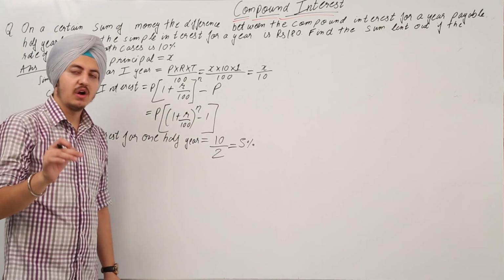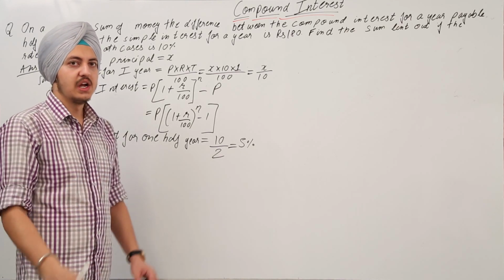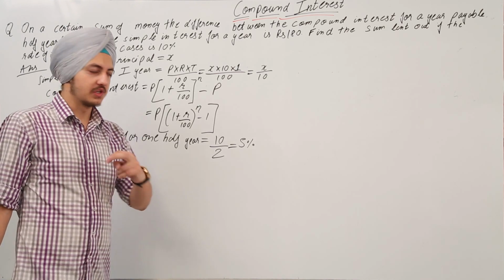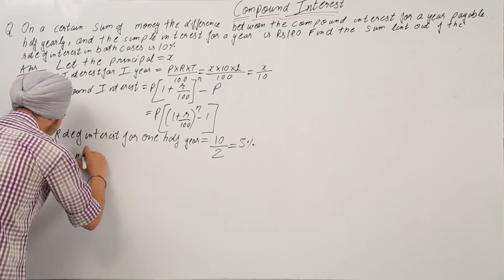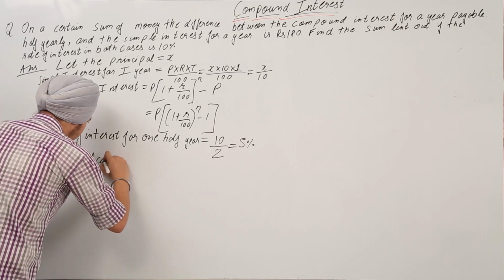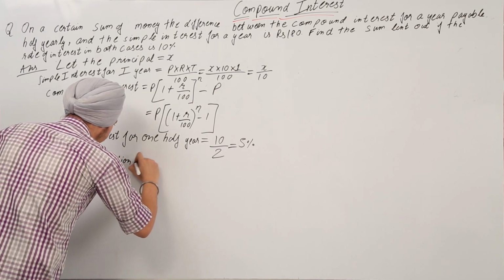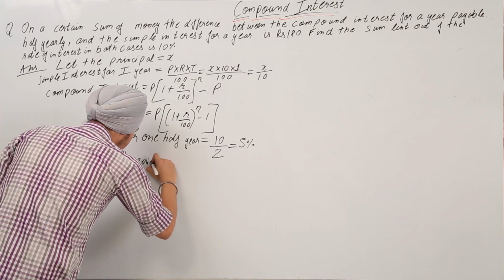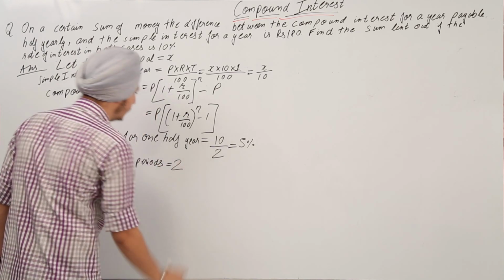So if the rate of interest for 1/2 year is 5%, what is n? N is the number of conversion periods. We have total time equal to 1 year, and 1 year has 2 conversion periods. So n is equal to the number of conversion periods, which is equal to 2.